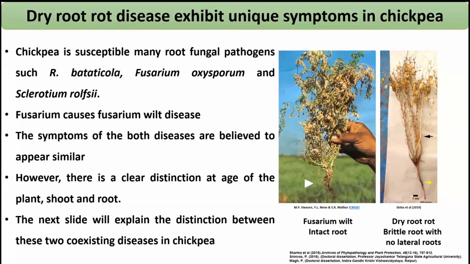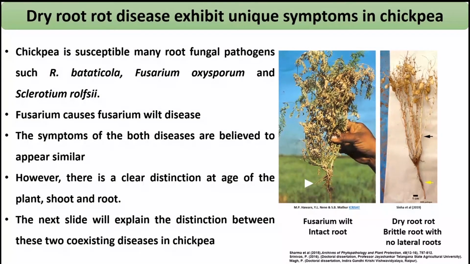The Fusarium wilt disease is caused by Fusarium oxysporum. The symptoms of both diseases are believed to appear similar. However, there is a clear distinction when we consider the age of the plant and the parts of the chickpea plant. The next slide will explain the distinction between these two coexisting diseases in chickpea.